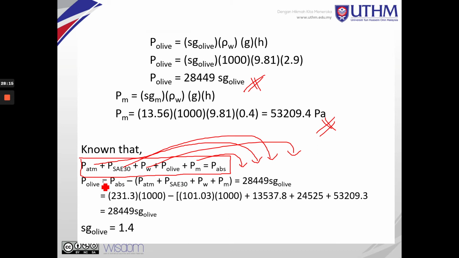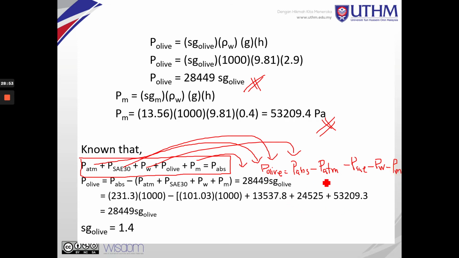Negative PSAE. So actually for these equations, we get P olive equal to P absolute minus P atmosphere minus P SAE minus PW minus PM.